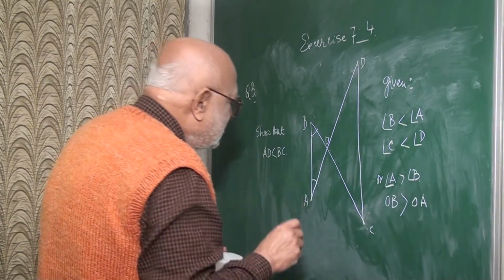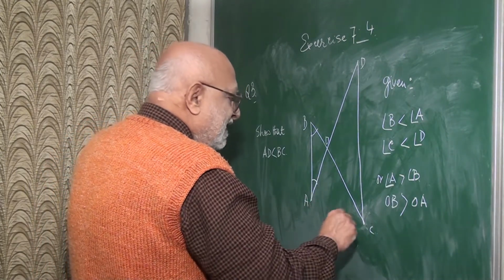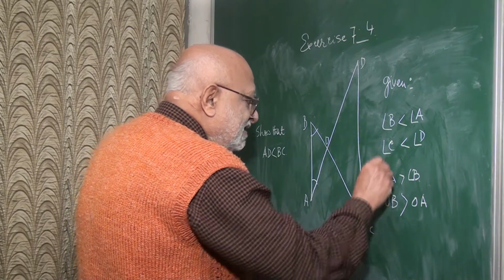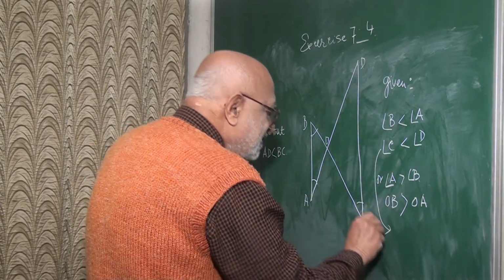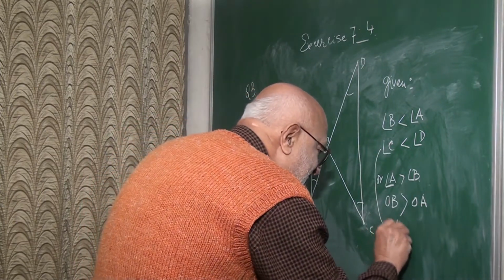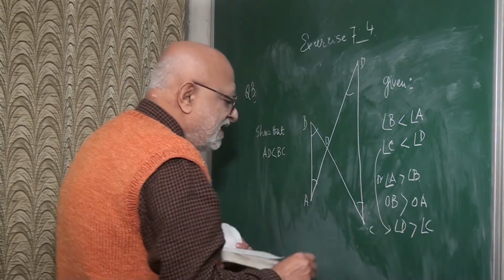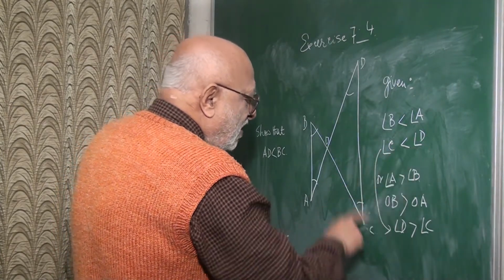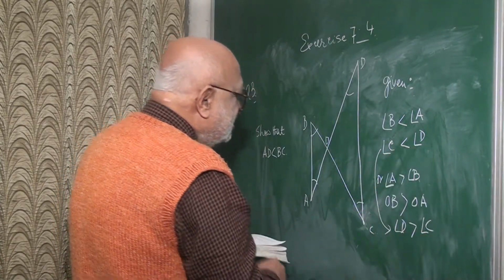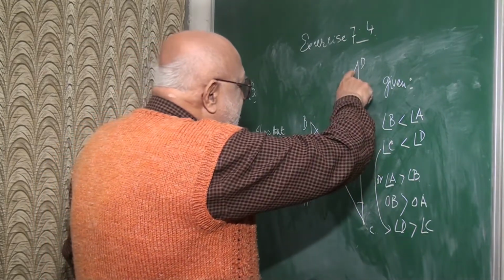Okay, done? Similarly, it is given angle C is less than angle D, that means angle D is greater than angle C. I hope there is no confusion on this. All I have done: angle D is greater than angle C. What is angle D? Angle D is this thing.